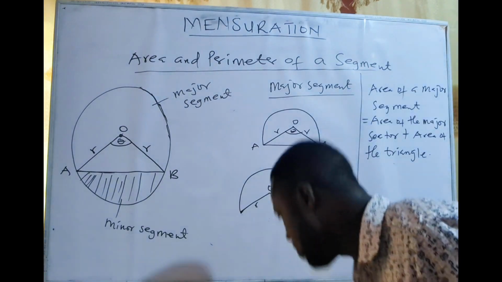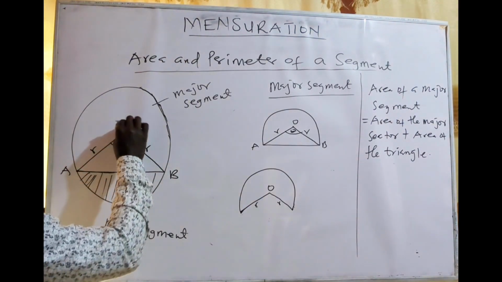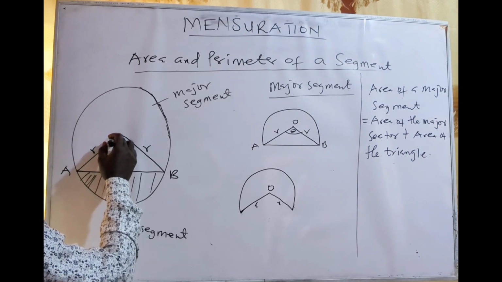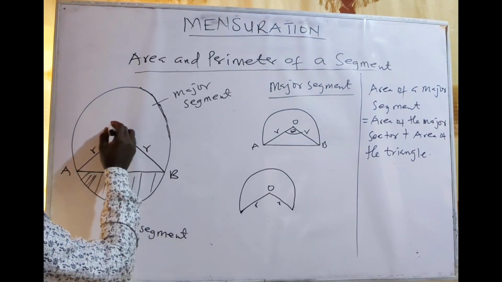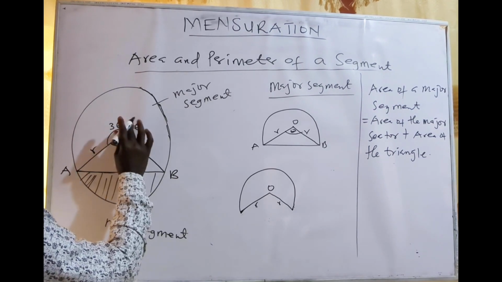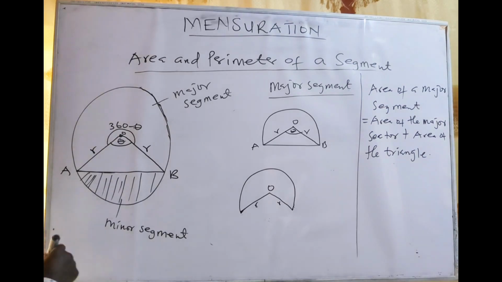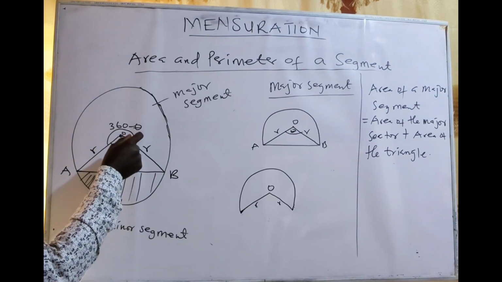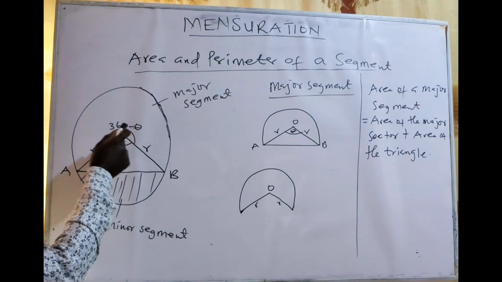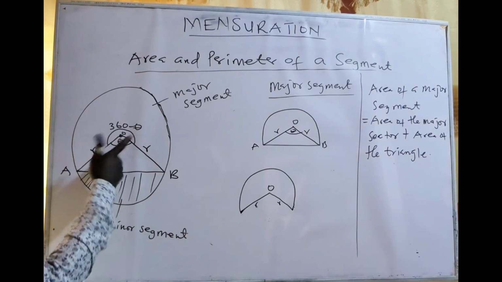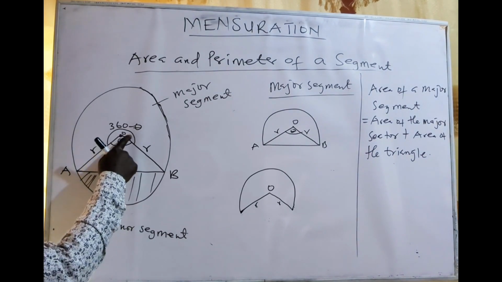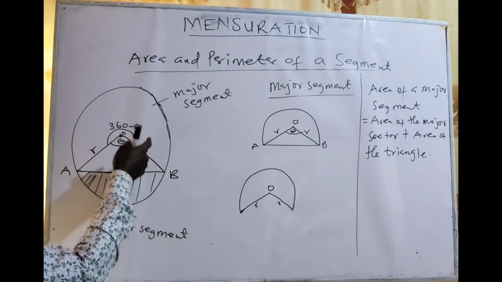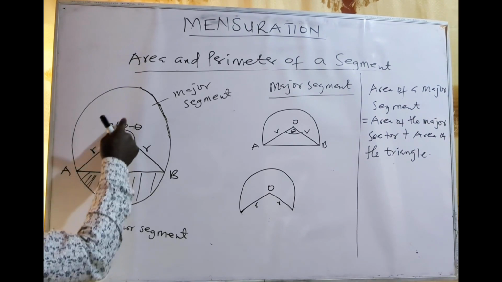If here is theta, this is my O, here will be 360 minus theta. If you are finding the area of the major sector, we find the angle the major sector subtends at the center.